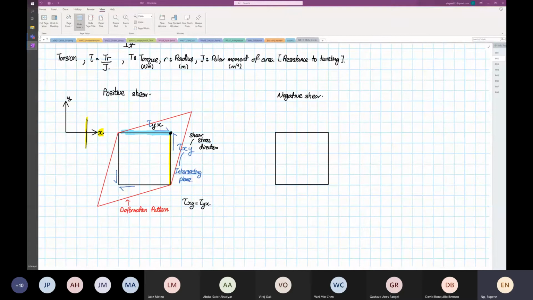Our element. So negative shear just goes in a different direction from positive shear. And this is how our element will be distorted, or deformed. So I'm drawing the deformation now.